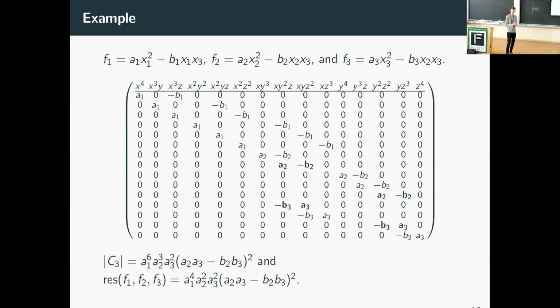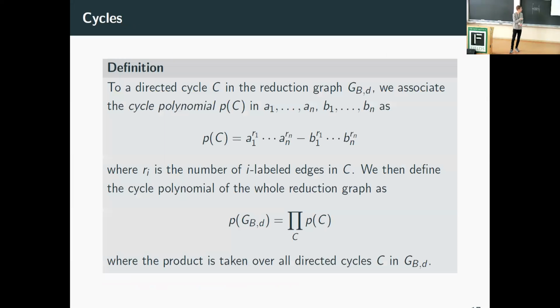So that's all good and nice. But haven't we seen cycles like this before? We saw cycles in the reduction graphs. Maybe they have something to do with this business in the matrices as well. Maybe they do. So say the following. In our reduction graph, if we see a cycle, then we can associate to that cycle what we call a cycle polynomial.